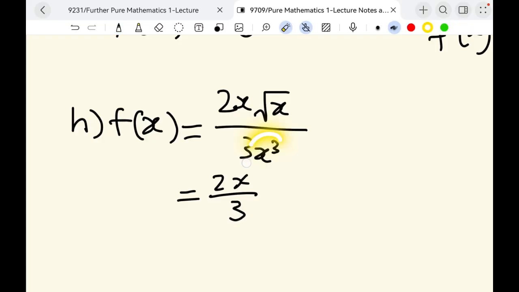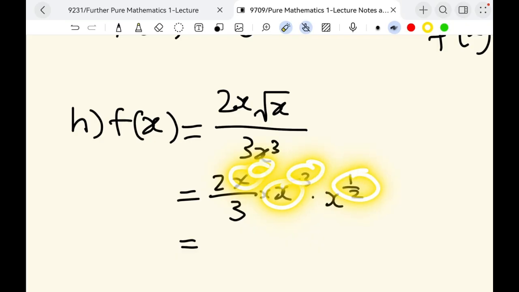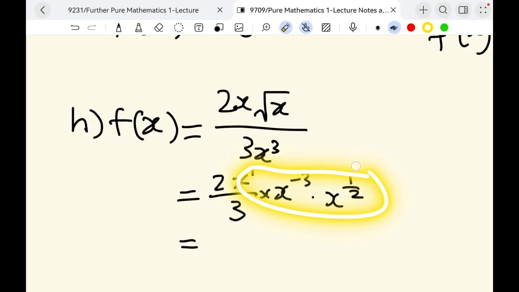So for the x to the power of negative 3, multiply by the square root of x, which is x to the power of 1 over 2. Okay? So you see, for multiplication of the same base, its powers are summed. Because the x has the power of 1, which means that you have to combine it into x to the power of 1 minus 3 plus 1 over 2.